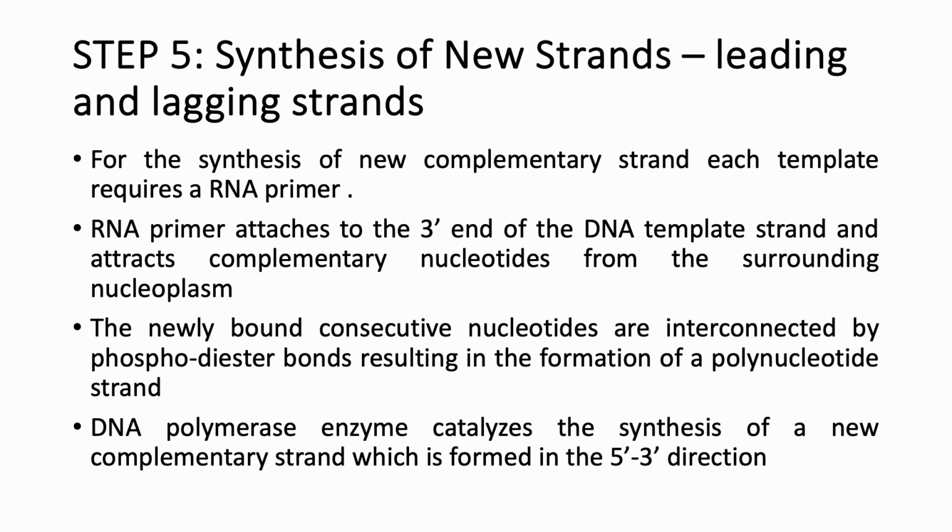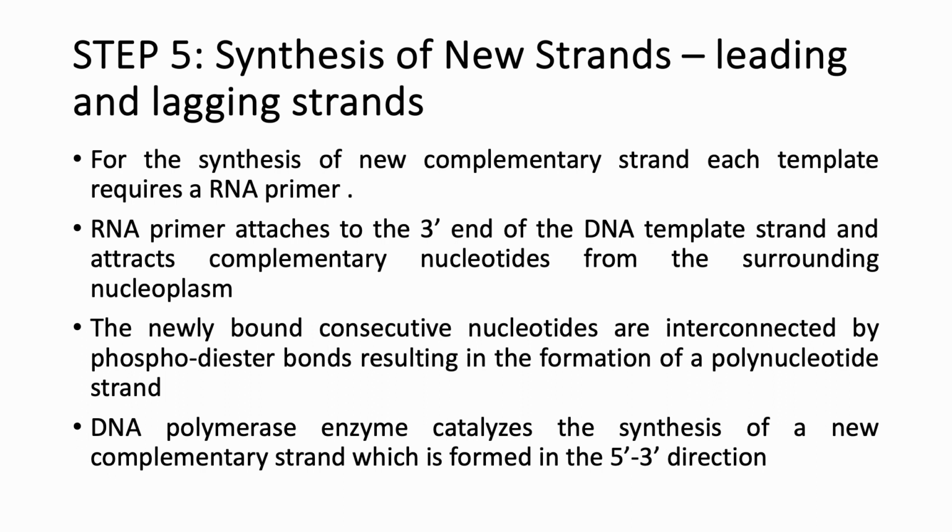So RNA primer attaches to the 3' end of the DNA template strand and attracts complementary nucleotides from the surrounding nucleoplasm. The newly bound consecutive nucleotides are interconnected by phosphodiester bonds, resulting in the formation of a polynucleotide strand.